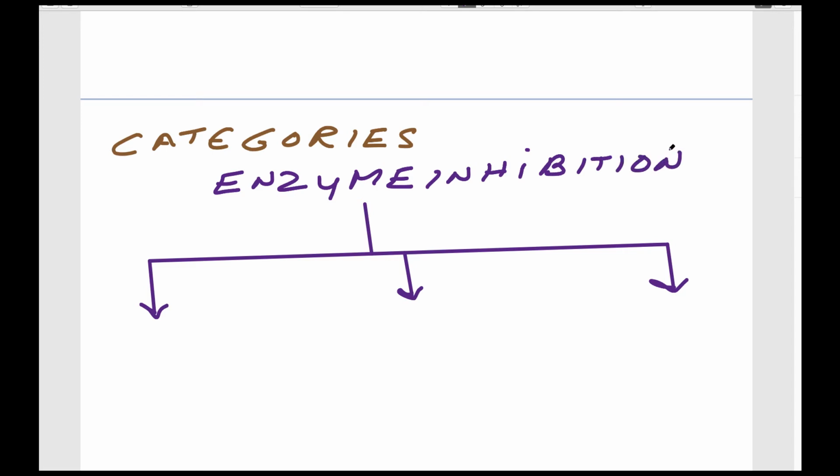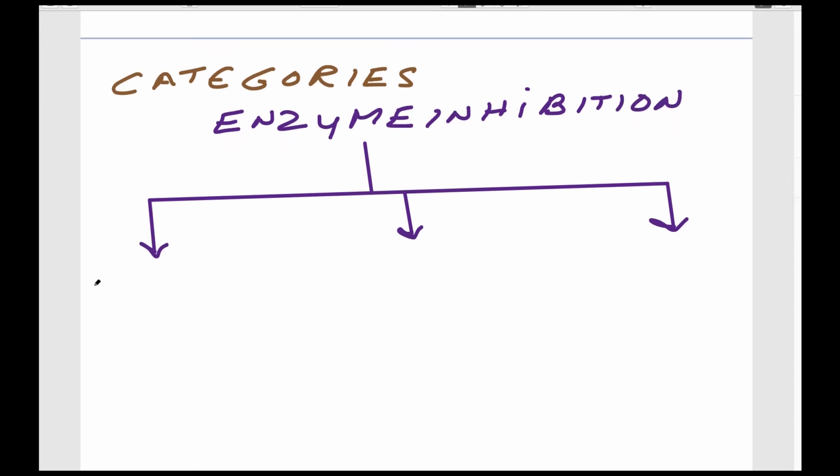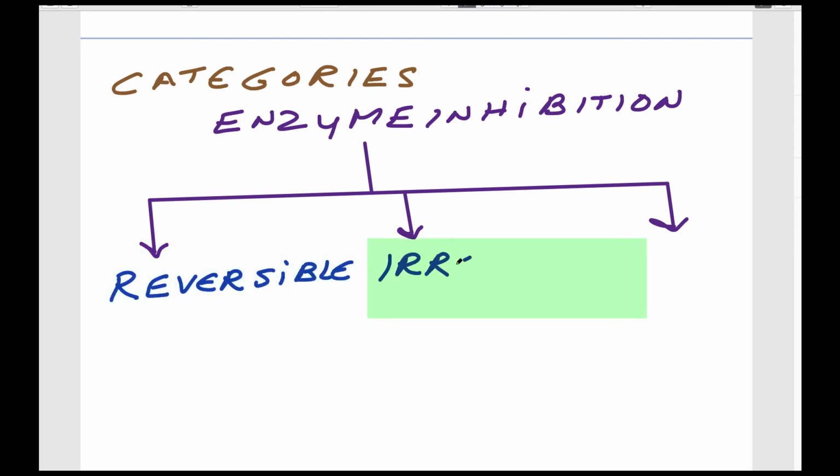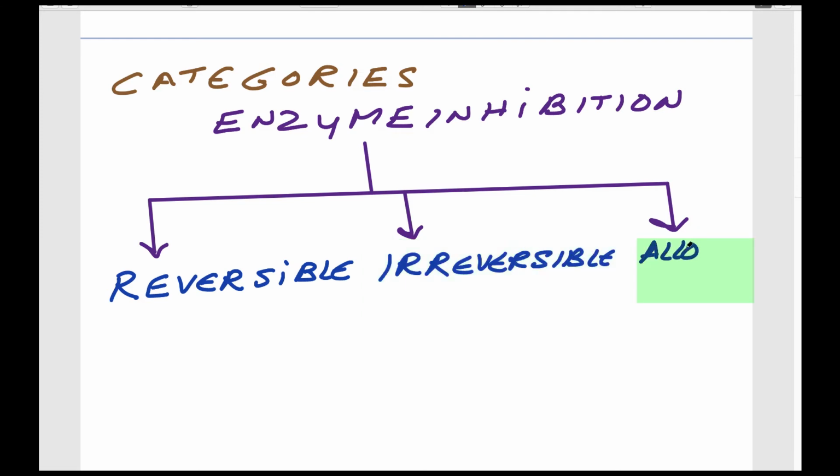The first one is reversible. The next one is irreversible. The third one is allosteric. This is the first one, second one, and third one.